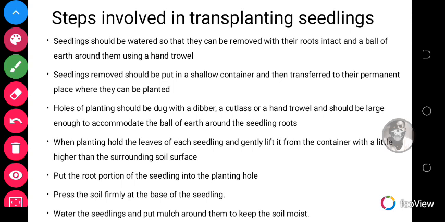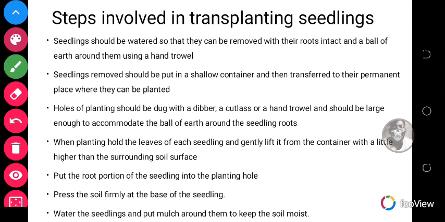When you do this, the next thing you have to do is put the seedling that has been removed with the ball of earth around the roots in a shallow container, and then it is transferred to the permanent place where they will be planted.